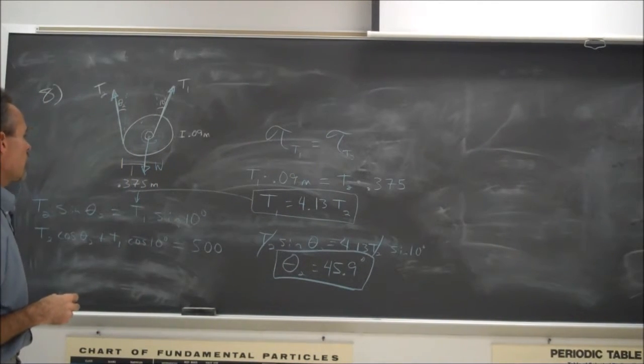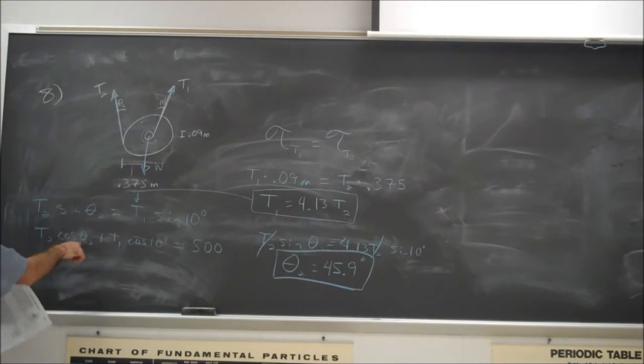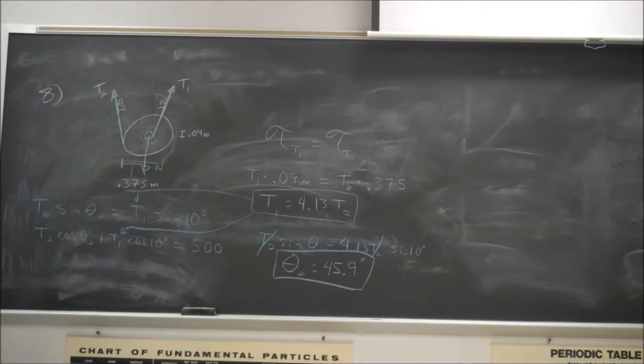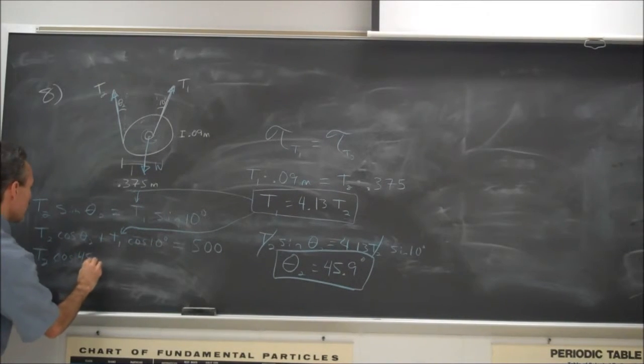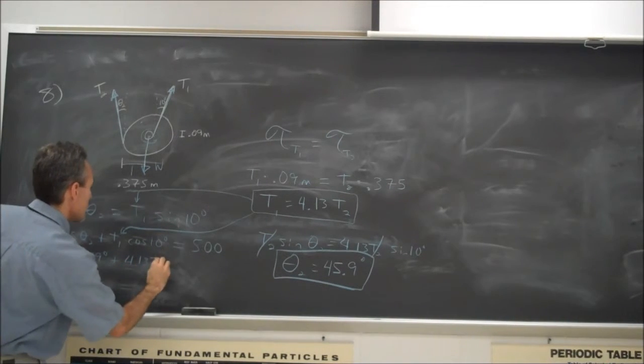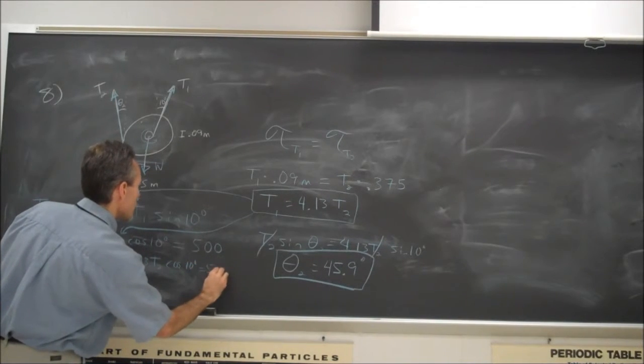Once I know that 45.9 degrees, then I could go ahead and plug that in here. And I could go ahead and plug what T1 is into there as well. And now what I'll be able to do is figure out what T2 is. So this is going to be T2 cosine of 45.9 degrees plus 4.13 T2 cosine of 10 degrees equals 500.